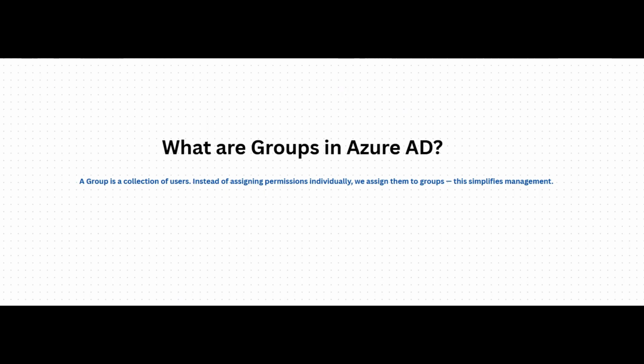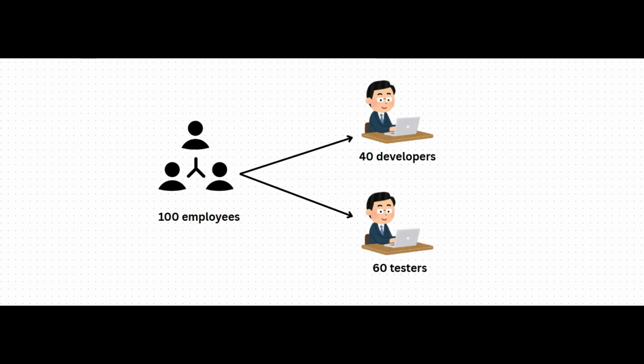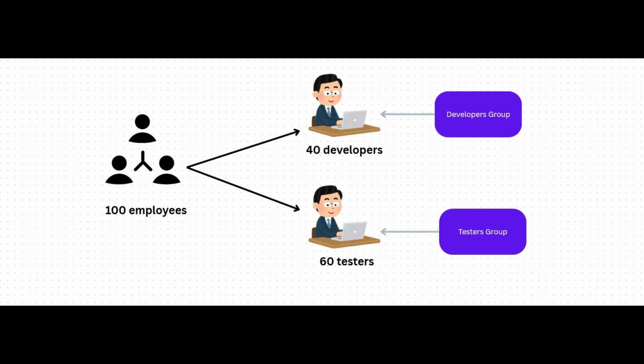Let's understand this with a very simple example. Suppose we have 100 employees in our company, out of which 40 are developers and 60 are testers. Now if we assign permissions manually to each developer and tester, it is going to be very time consuming and hard to manage. So instead we can simply create two groups, one for developers and one for testers, and then assign the required permissions to those groups.